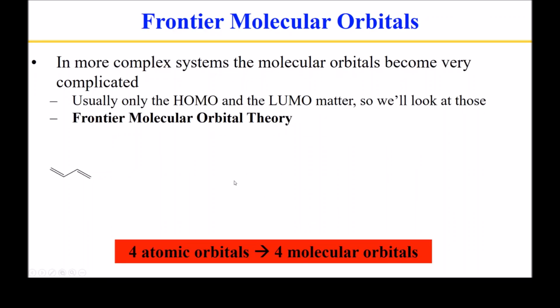When we start looking at more complicated systems, then we have to think about only the electrons that we absolutely have to. This is referred to as frontier molecular orbital theory. It's the idea that if there are orbitals that are not doing any chemistry, let's ignore them. And in a Diels-Alder reaction, 1,3-butadiene is only doing chemistry with its pi electrons.